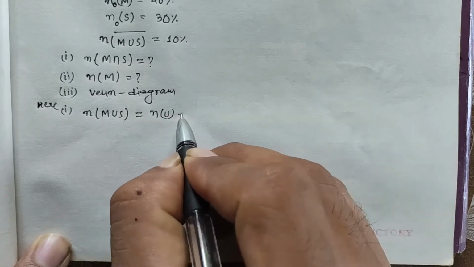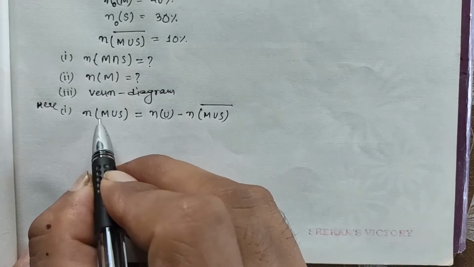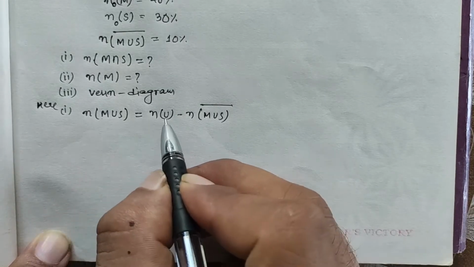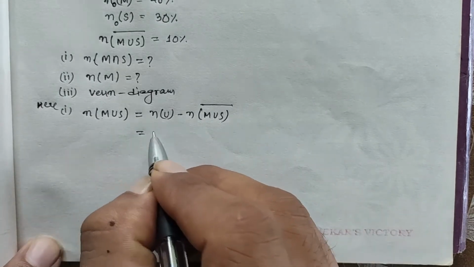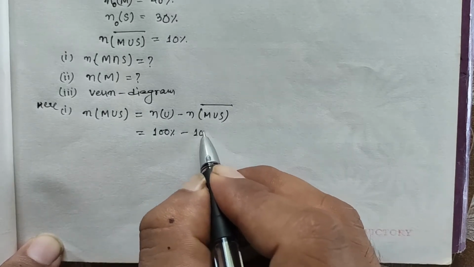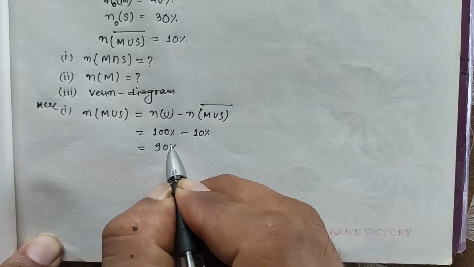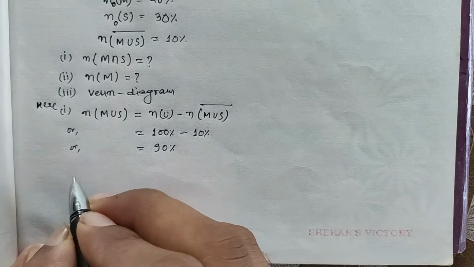The formula for A union B is n(U) minus n((A union B) complement). So it is 100 minus how much? The complement is 10. Therefore the union is 90%.